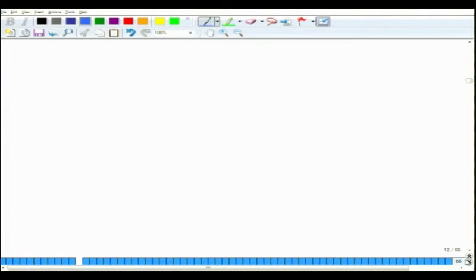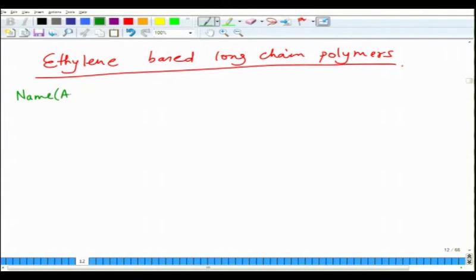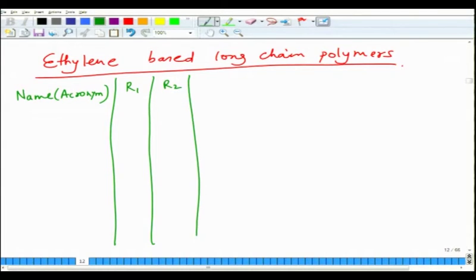So, if I make a classification of ethylene based long chain polymers, let us first define the name, the acronym, and then choose the groups R1, R2, R3 and R4.